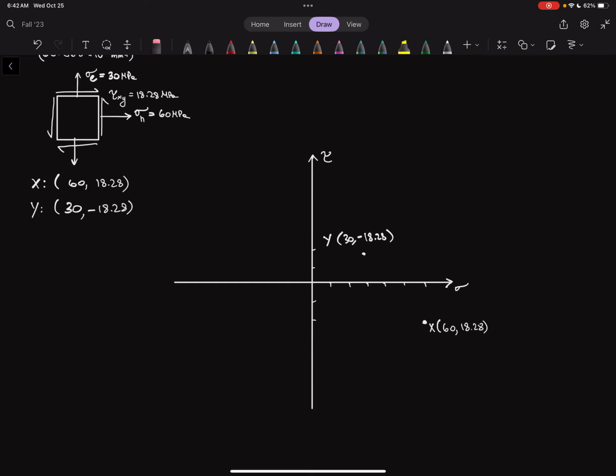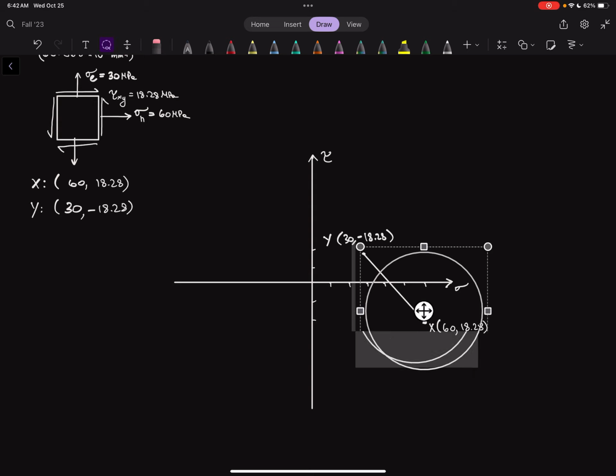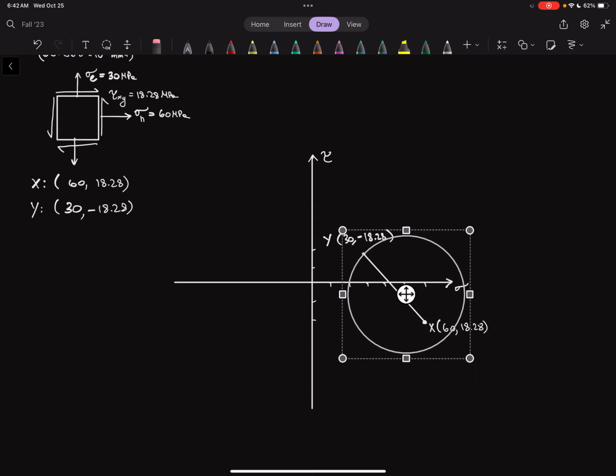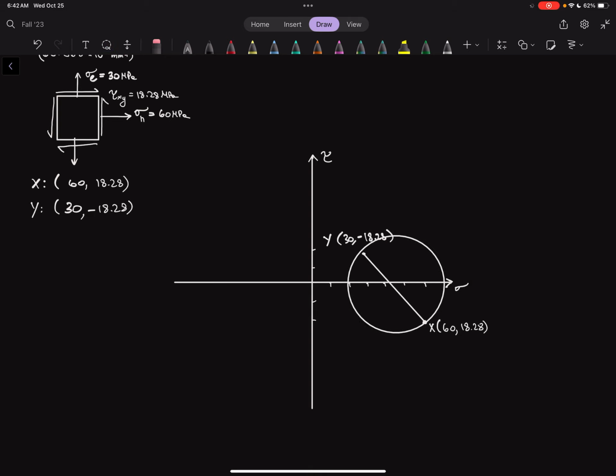We connect the two together and create a nice circle. We find the center. So the center is going to be 45, 0.